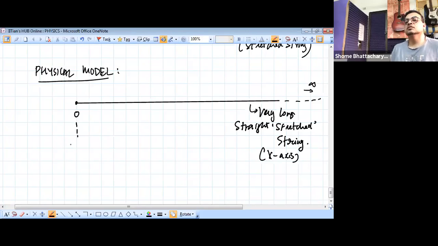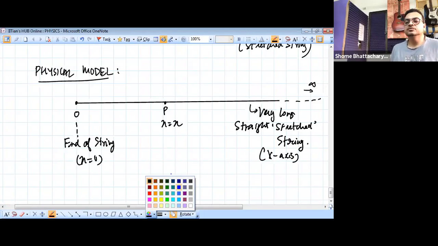This end of the string is the origin, and any general point on the string is our x equals x.